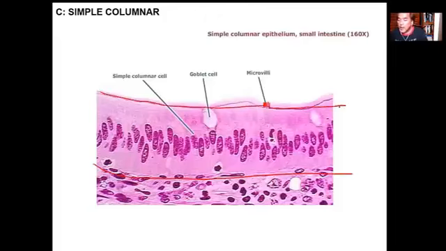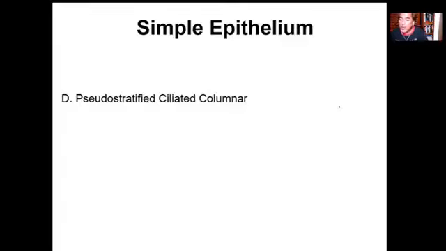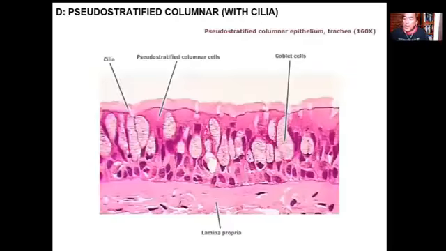All right, now we go to pseudostratified, ciliated. Again, this is still simple epithelium. If you notice, the pseudostratified cells look like multiple layers, but aside from that, the giveaway to this answer is the elongated extensions on top. That is your cilia. You see it in the trachea.